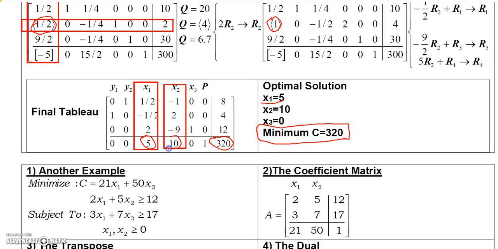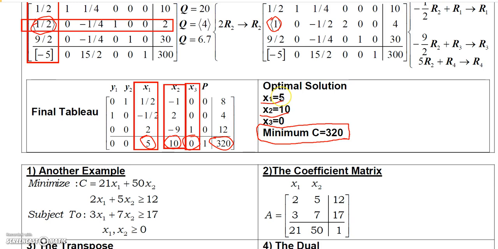See right here? And then look at the bottom of the x3 column to get that solution, and notice that when you look at the bottom of that column you get 0. So x1 is 5, as I said, x2 is 10, and then x3, as you can see here, is 0.